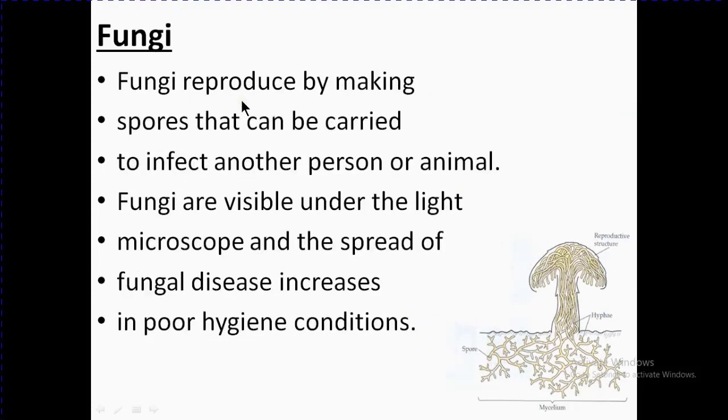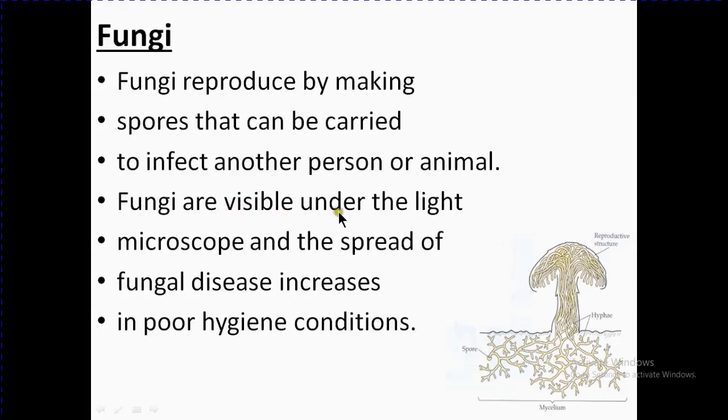Fungi reproduce by making spores that can be carried to infect another person or animal. You can see here, this is a round structure present at the ending part of the hypha. It is named a spore, which can spread disease from one person or one animal to another.